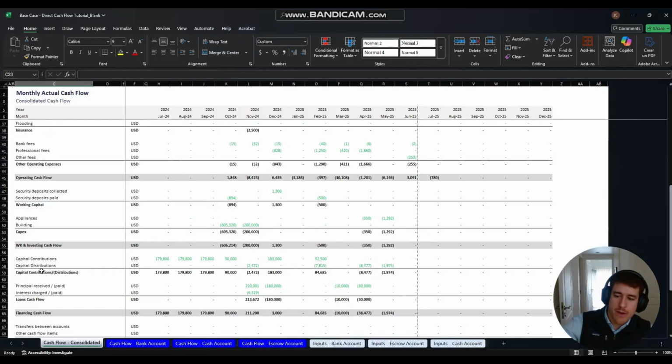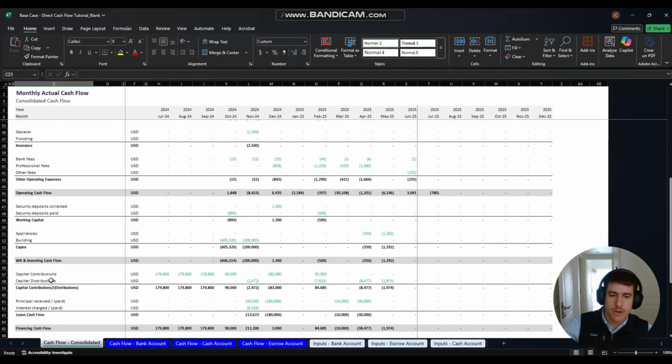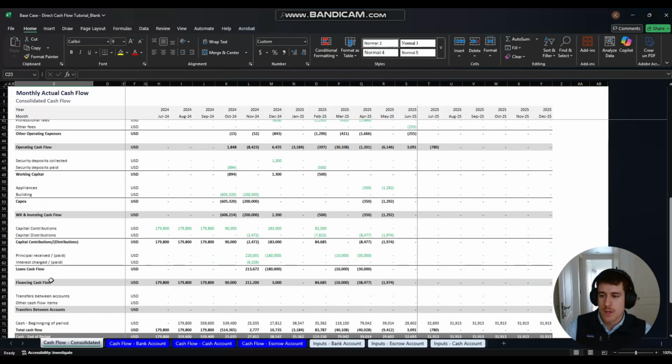Also separate financing transactions, which would be capital contributions from LPs. Could also be loan disbursements or repayments from banks or interest payments as well. So keep those three categories clearly separated from one another.